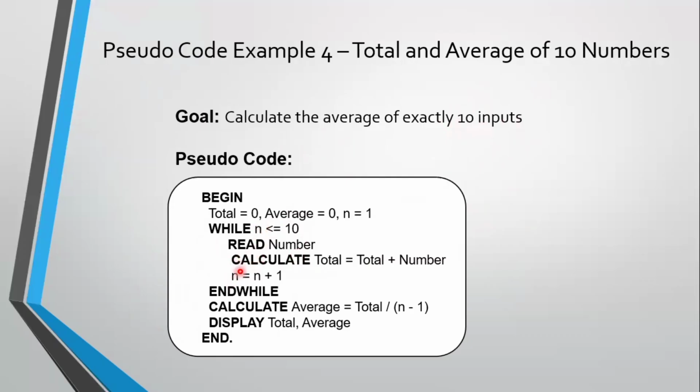We use a counter called n that starts at 1. Here you can see at the beginning, total equals 0, average is equal to 0 and n is also equal to 1.